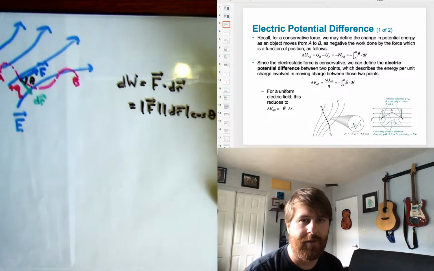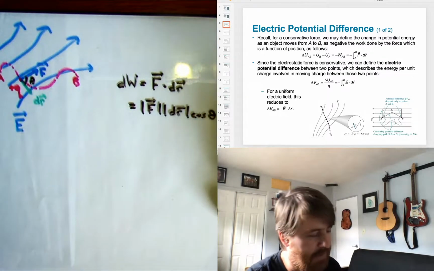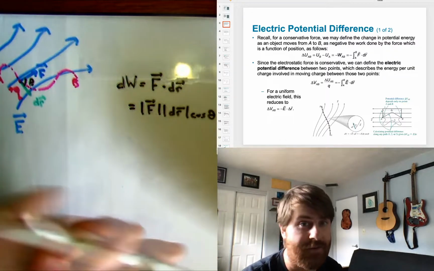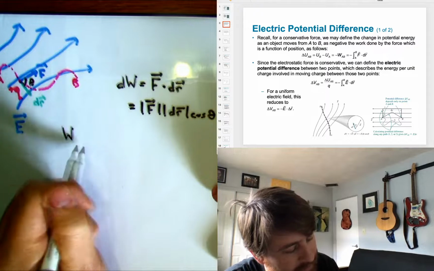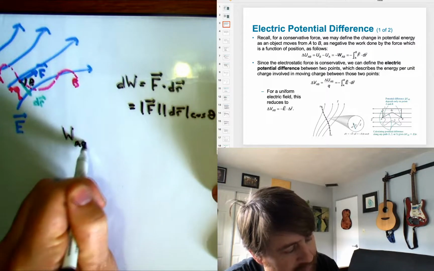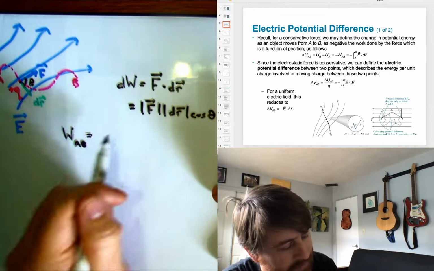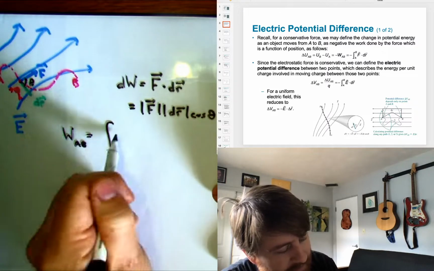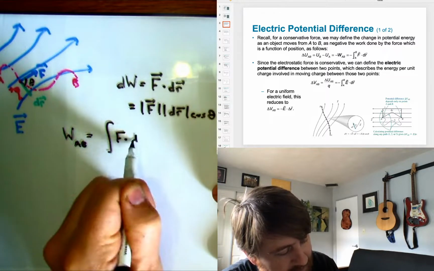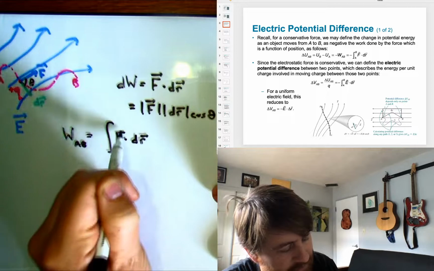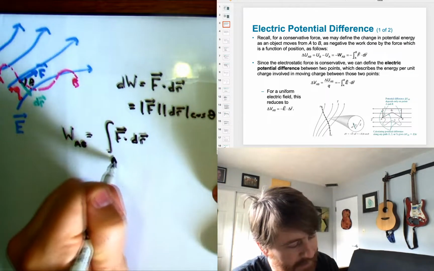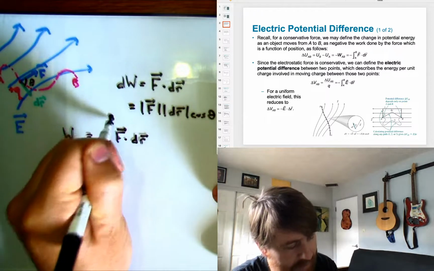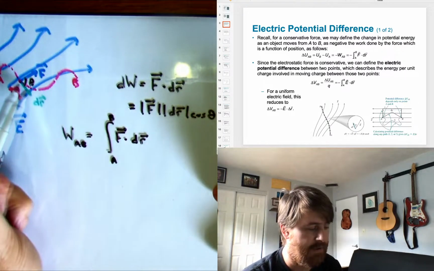Okay, so now what about the work that I do in moving from A to B? I'm sorry, the work that the electric field does in moving from A to B. The work done by the electric field in moving from A to B will be the integral of F dot dr. I want to add up all those infinitesimal bits of work as I go from A to B, which is moving along this curved path.